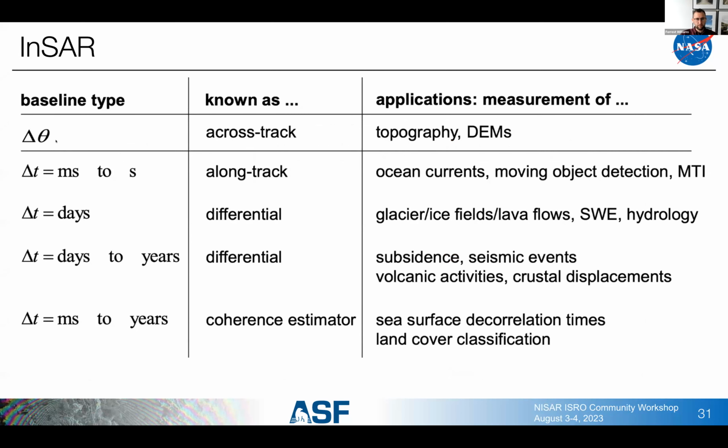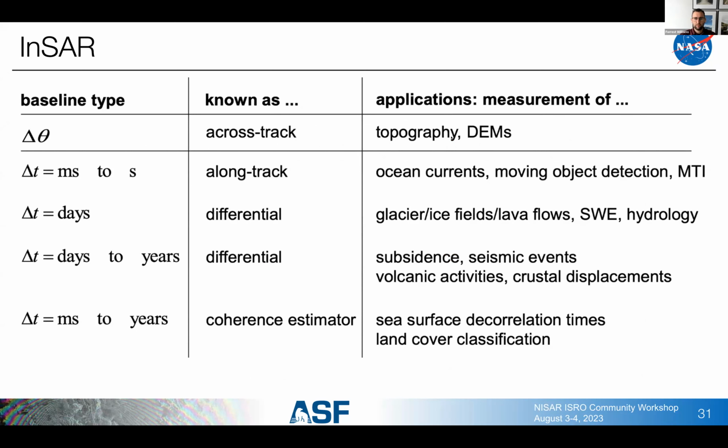So the first type of difference we can measure, as I discussed, is where you could basically create two SAR images at the exact same time, but from different places. And what this causes is a difference in the incidence angle of how it hits the Earth. And so this type of InSAR is typically called cross-track InSAR. By using this type of InSAR, you can measure something about the Earth's topography.